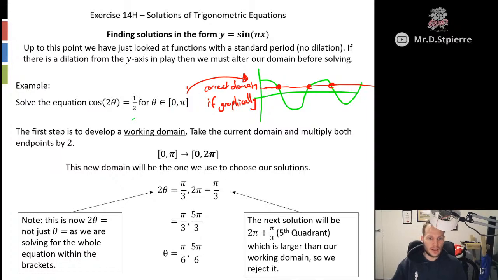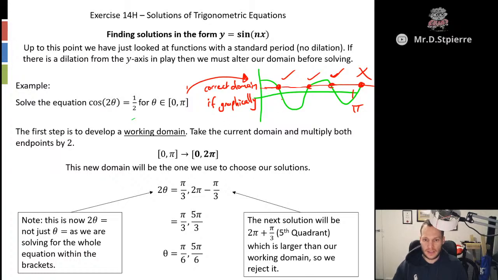We could just go, okay, between 0 and pi, and it might be that pi is there, and then which ones are correct? Well, that one's correct, that one's correct, that one's correct, that one's outside the domain, so it's no good. So you could do that on your CAS, completely fine, you don't have to alter the domain.